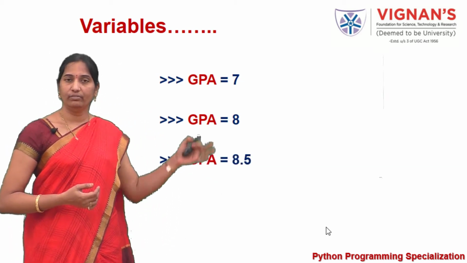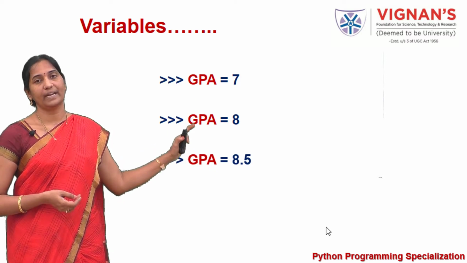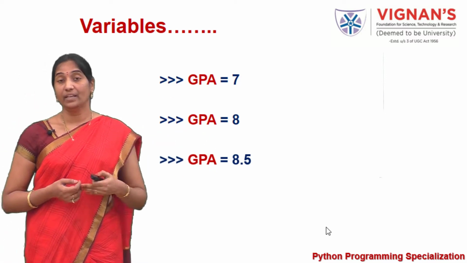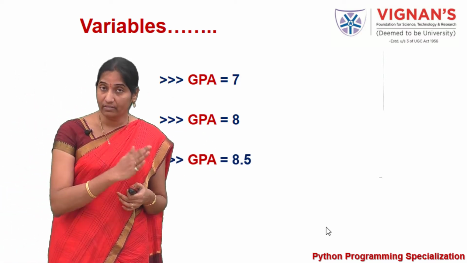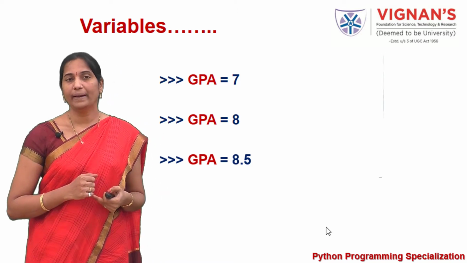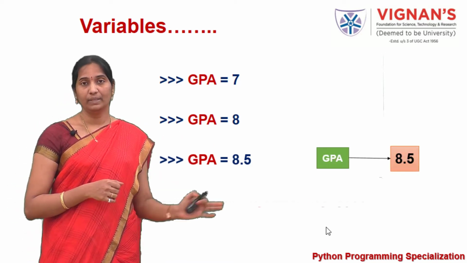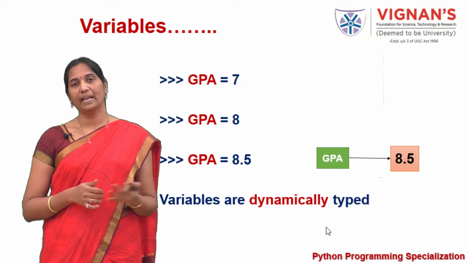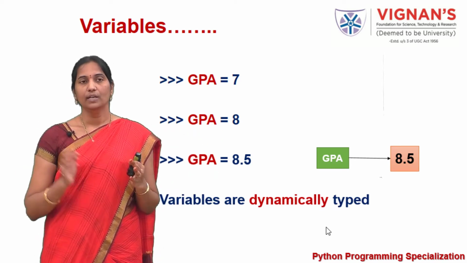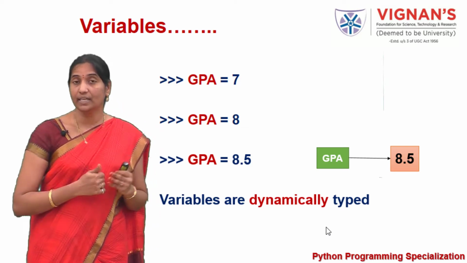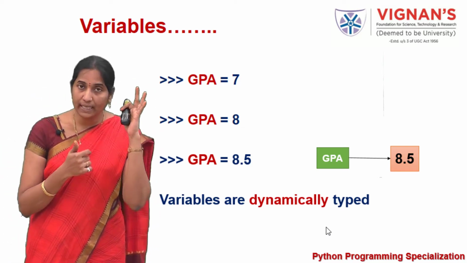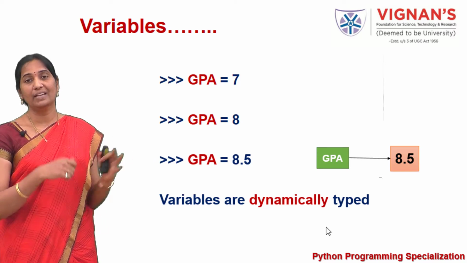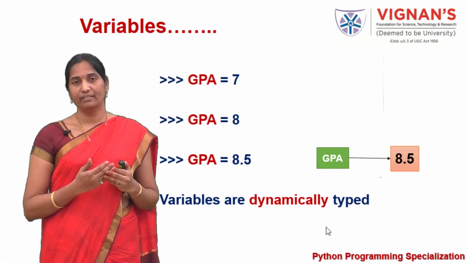Initially we assigned an integer object, and later on we can even assign a floating point value also. That's how in Python the variables are dynamically typed. They are not statically typed. In many of the standard programming languages like C and C++, once you create a variable as an integer, you can store only integer values in that variable as long as the variable is alive.